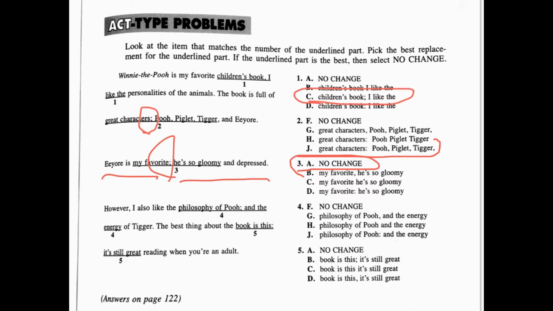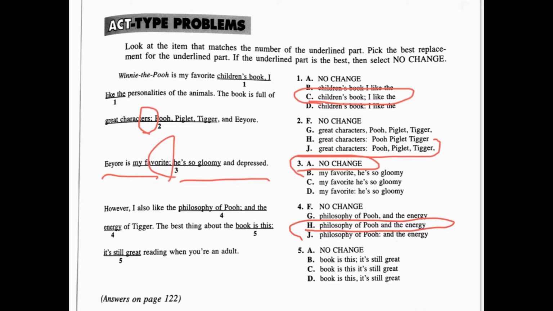Number four. However, I also like the philosophy of Pooh and the energy of Tigger. The answer to this one is H. All right.